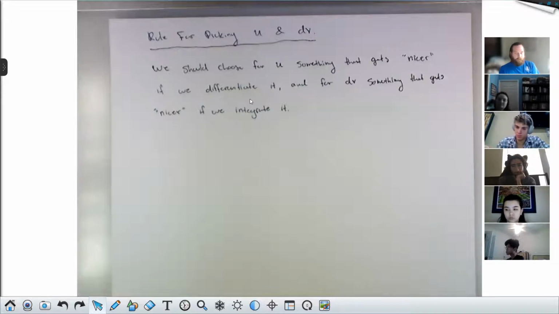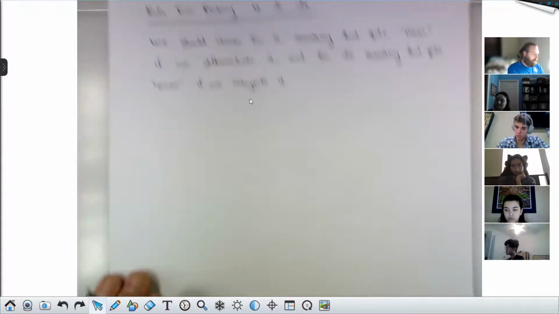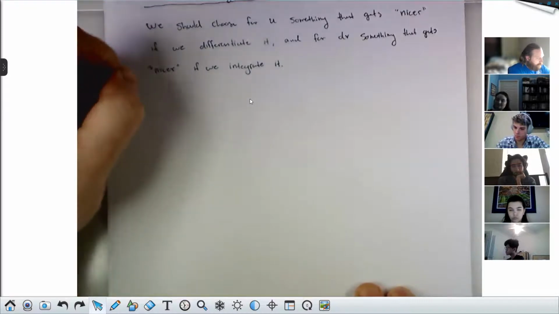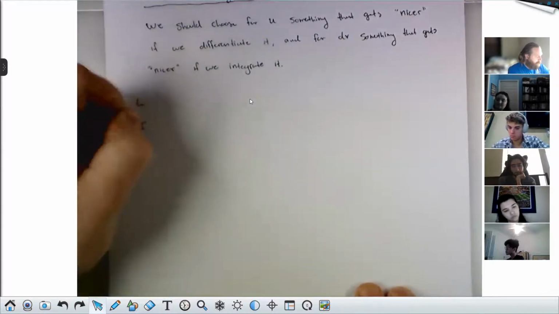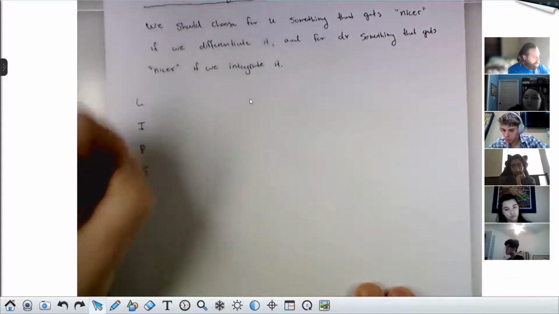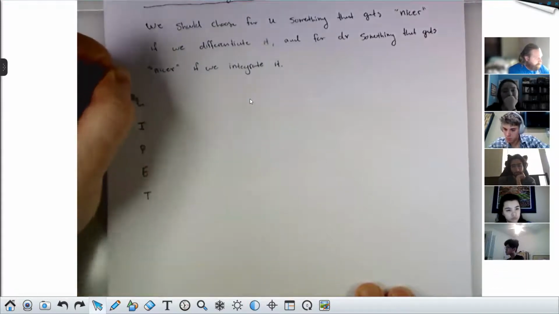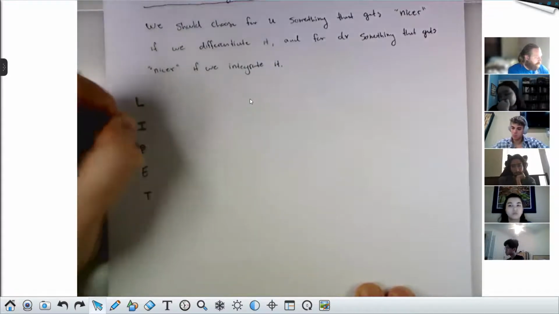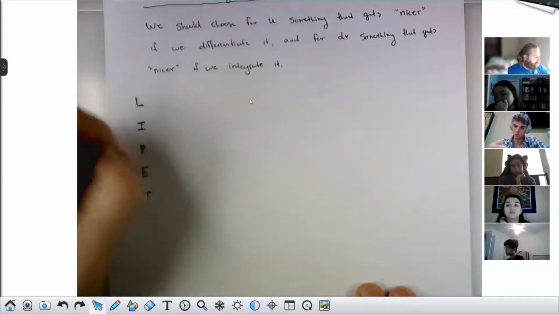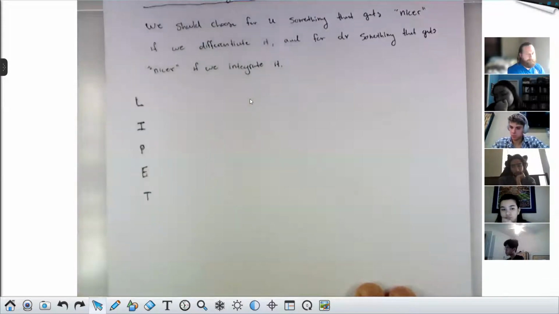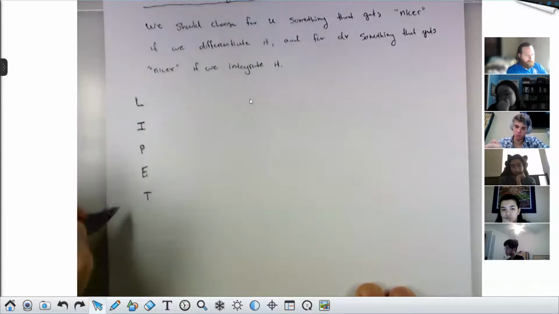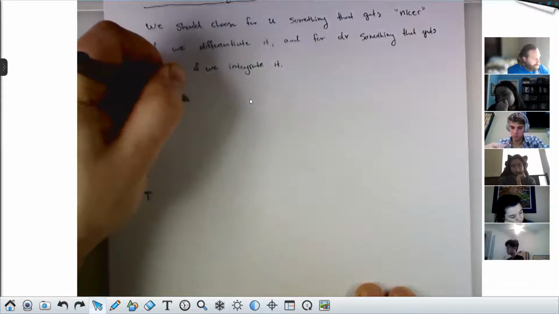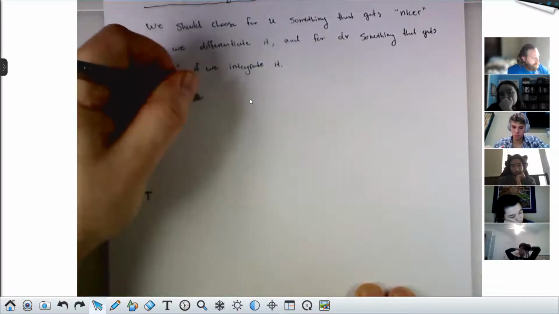It's everything else. And there is a strict guideline for this that most professors teach, and I will share it with you. Some people use slightly different letters. What this is, is a hierarchy of things you want to choose for u. We call it the LIPET rule. L here stands for logarithms.